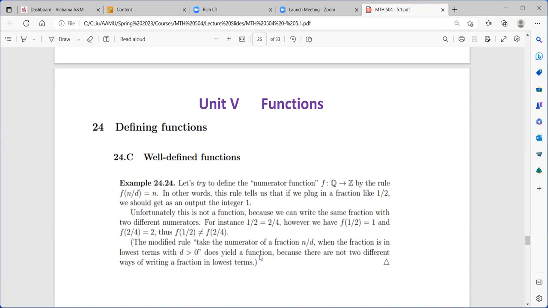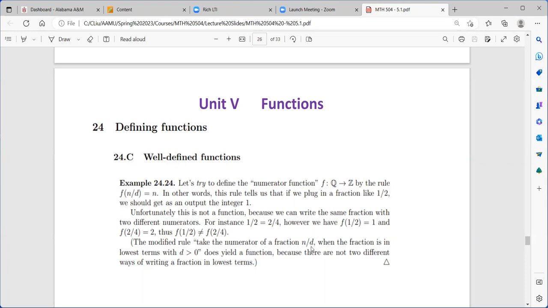In other words, you can only reduce a rational number into lowest terms uniquely. There's only a unique lowest term of any fraction. Of course, we're talking about the denominator greater than zero.